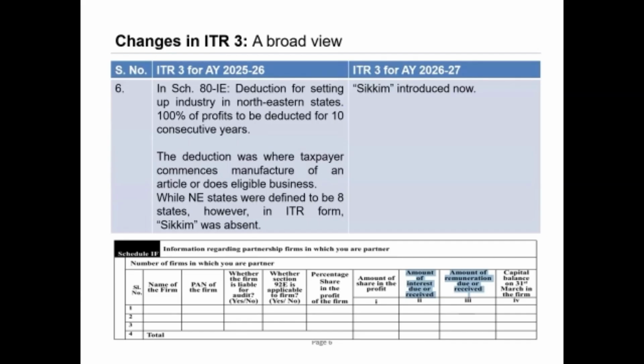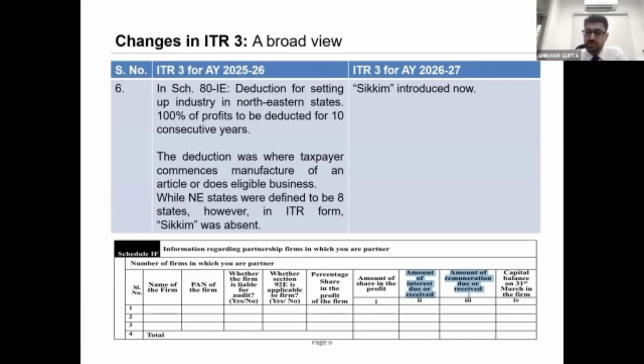Now, Schedule IF. So this is actually an information regarding the partnership firms in which the taxpayer is a partner. I have tried to bring in the screen that what was the schedule, and the highlighted portion only tells कि ये दो specific columns हैं जो पहले नहीं थे but अब आ.